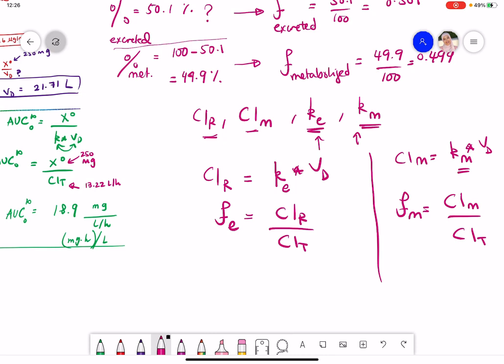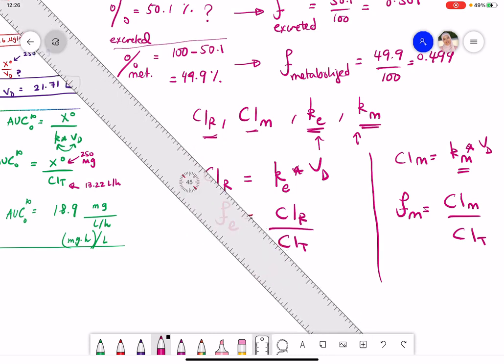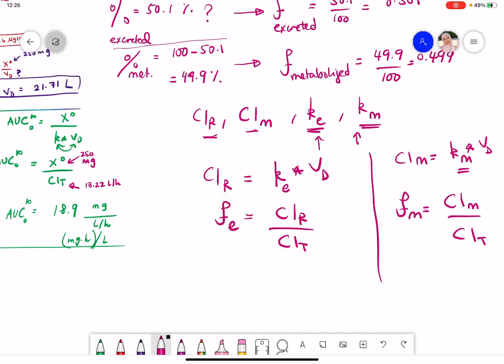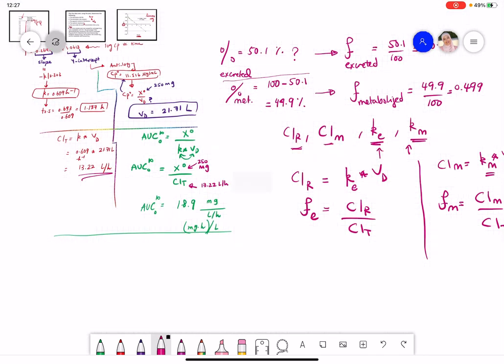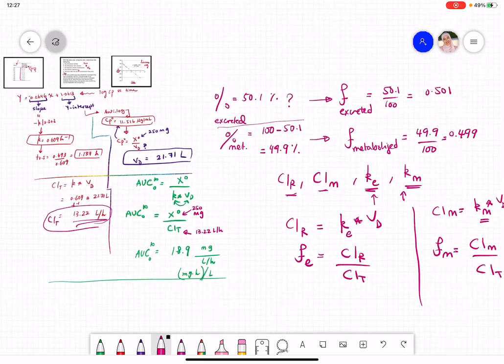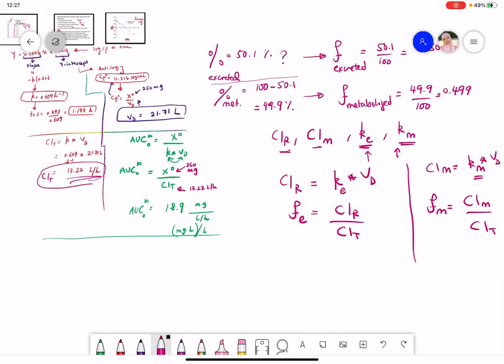So let's use the part related to the percentage of the total. We need to know the total clearance. If you didn't calculate it, or the question didn't ask for it, you need to calculate it.